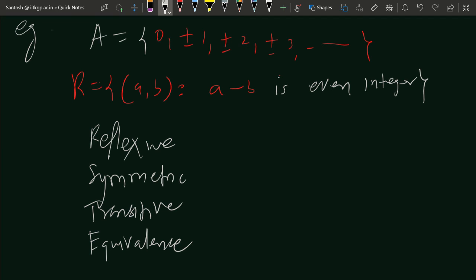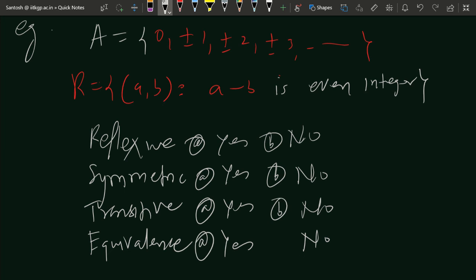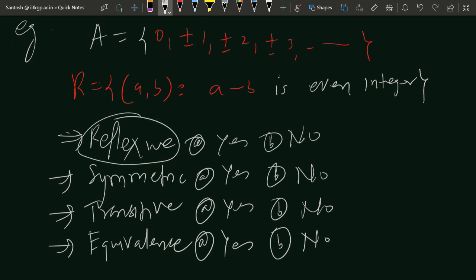The options are yes or no, so you have to choose one. First you check for reflexive, whether it is reflexive or not. Is it reflexive?